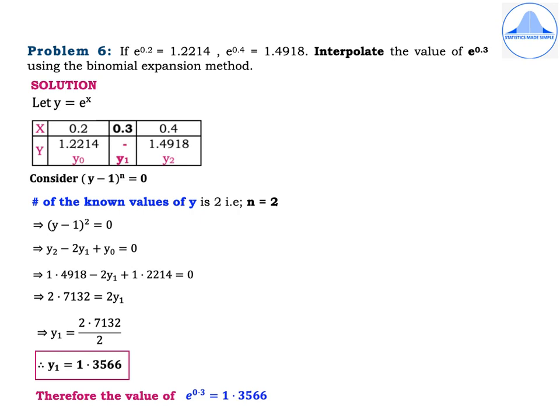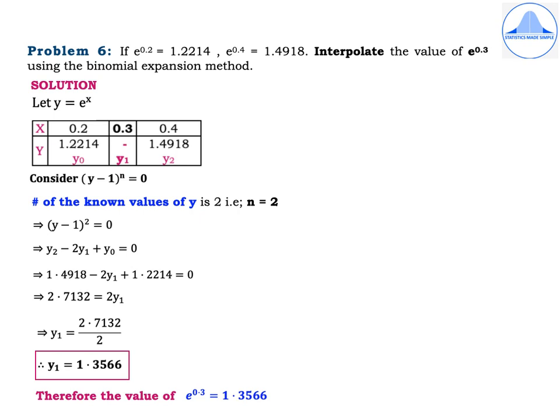Consider (y minus 1) to the power n equal to 0. The number of known values of y is 2, that is n equal to 2, which implies (y minus 1) whole square is equal to 0, which implies y2 minus 2y1 plus y0 is equal to 0.